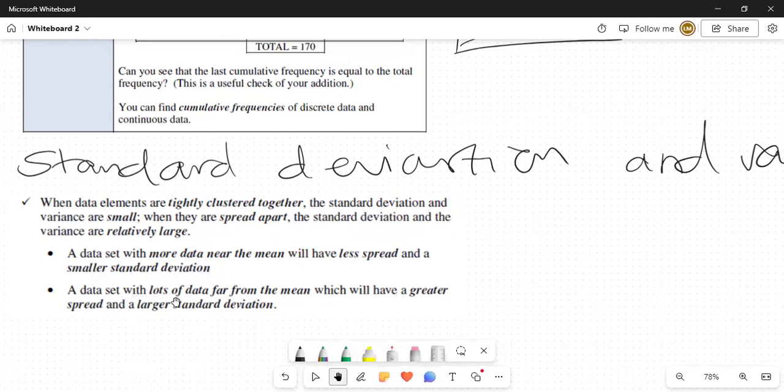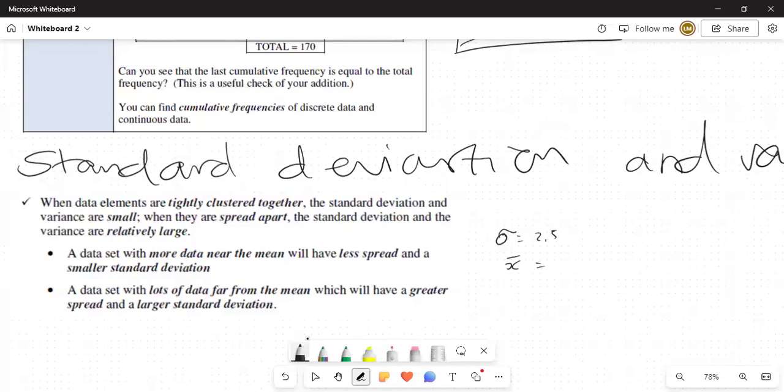The data set with a lot of data far from the mean will have a greater spread and a large standard deviation. For example, they can give you the standard deviation and make you just calculate the mean.